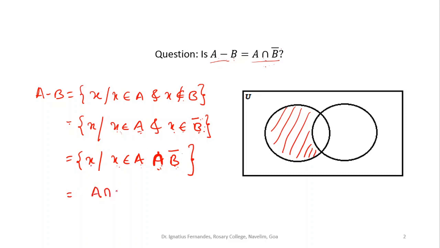This is the set A intersection B complement. So what did we do? We started with A minus B, whose elements follow this property, and these x also follow this property. So we have proved that this set is the same as this set: A minus B is the same as A intersection B complement. This is how I can prove this result by definition.